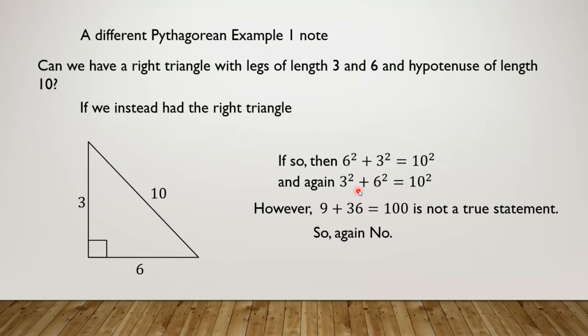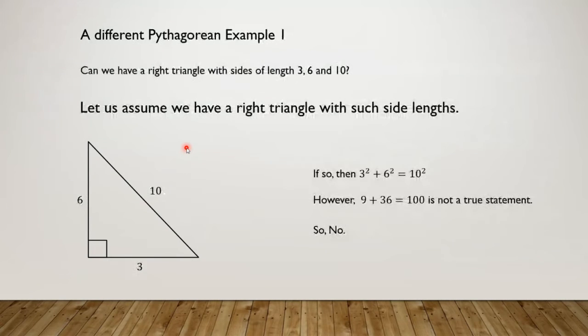So again, you would still get that something is wrong, and Pythagorean's theorem does not hold. It's just basically checking if you can have a right triangle with certain side lengths. You just have to see if Pythagorean's theorem holds. That's all. So that's one example.